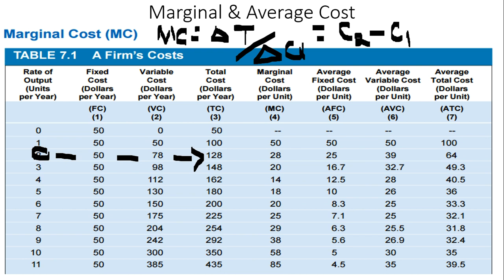Therefore, the incremental cost is the difference between 128 and 100. That's where this 28 is coming from. So that's what you do. You just get the next one minus the previous one. Those differences will give you the marginal cost.